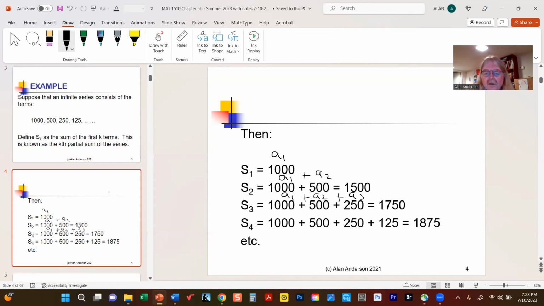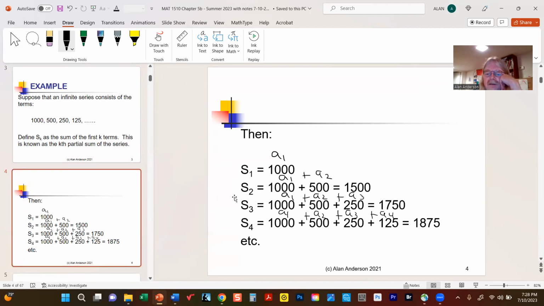And then the fourth is A1 plus A2 plus A3 plus A4. In principle, we will have an infinite number of partial sums, but it'll turn out that we can use these partial sums in many cases to obtain the sum of an infinite series. We're going to take advantage of any patterns that emerge.